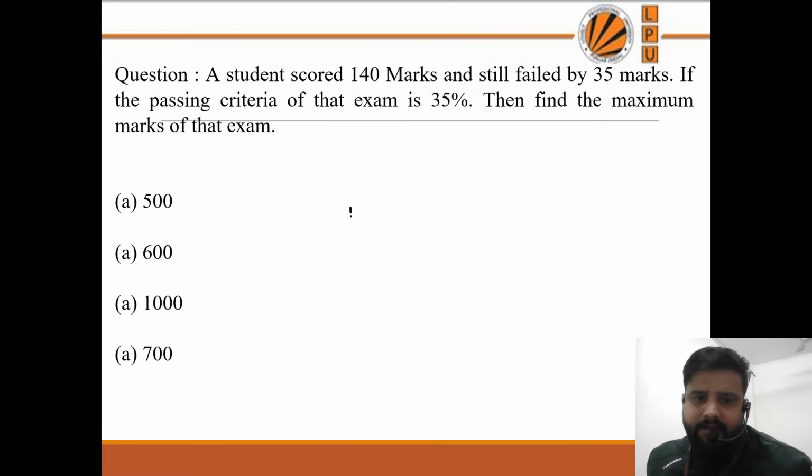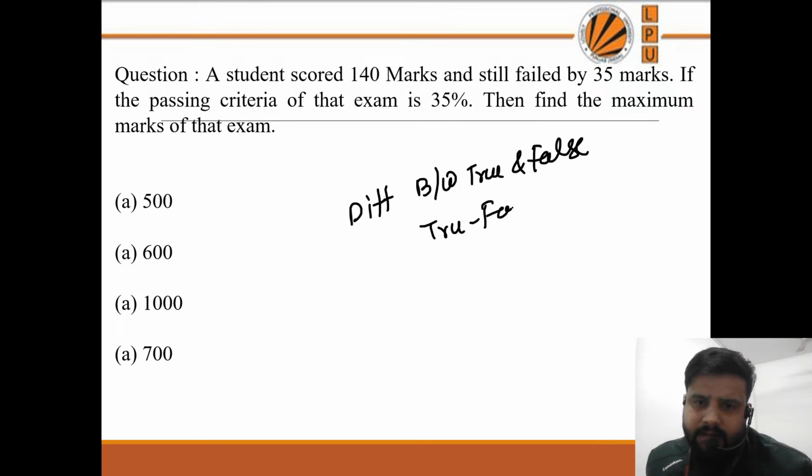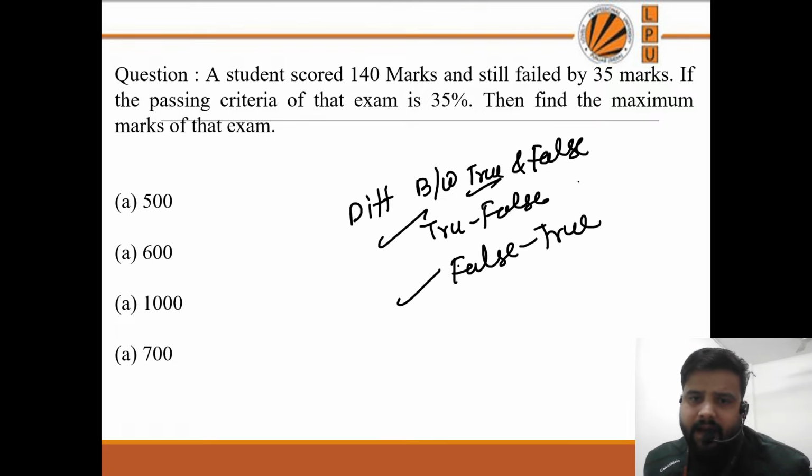See here, when I say difference between true and false, it means true minus false. It means false minus true, both. You will subtract smaller one from the bigger one according to question only.